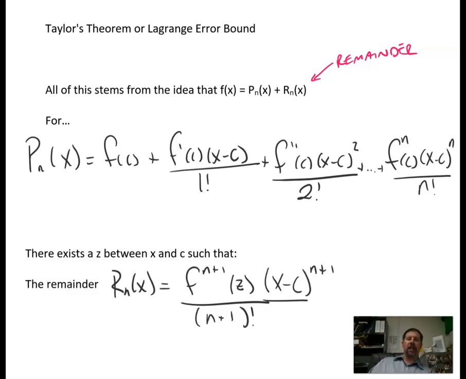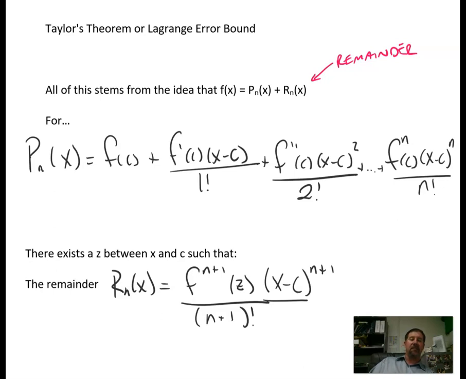All right, so what Taylor's theorem or Lagrange error bound says is that there's going to be some value z between the x that we're trying to find and the c that it is centered at, some point between those two things, that the remainder is going to equal, kind of like an alternating series, that next neglected term.